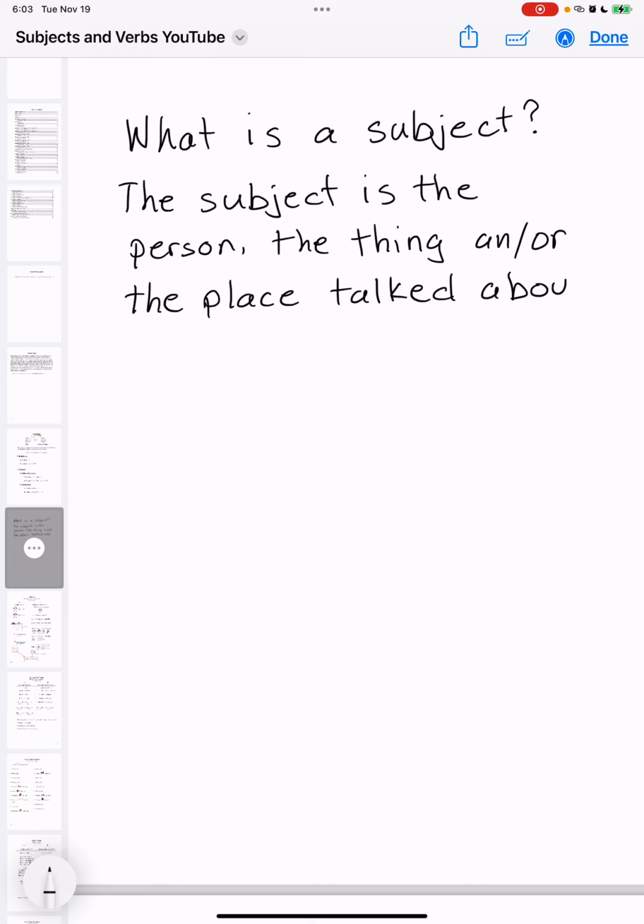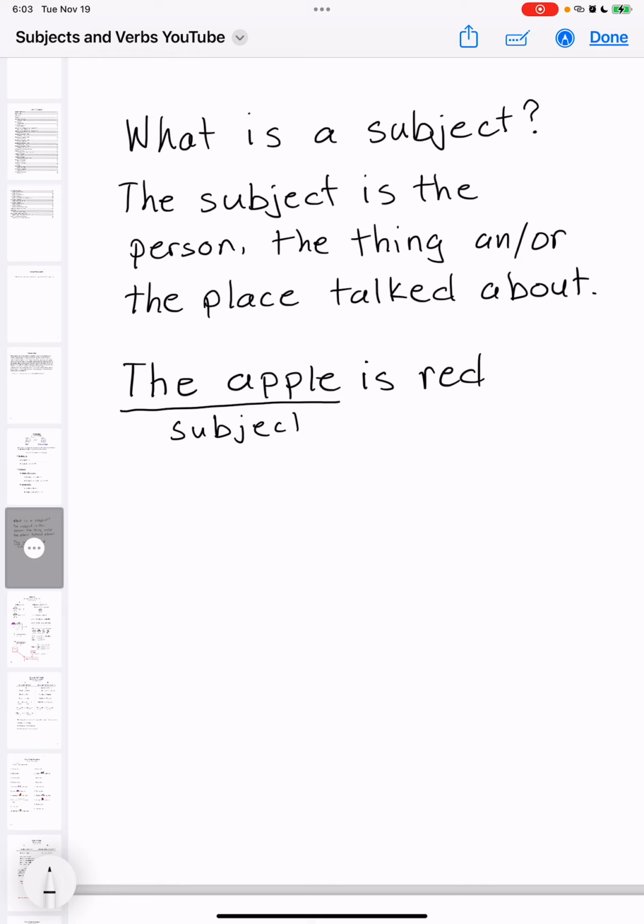Let me give you an example. The apple is red. So what's the subject? What are we talking about? The apple. That's going to be the subject, and this is very easy to explain to children.